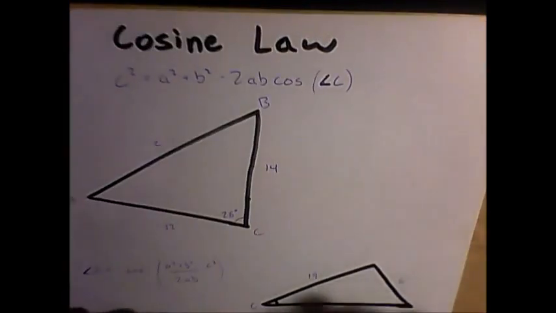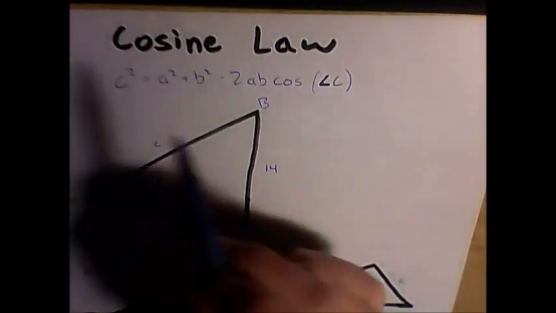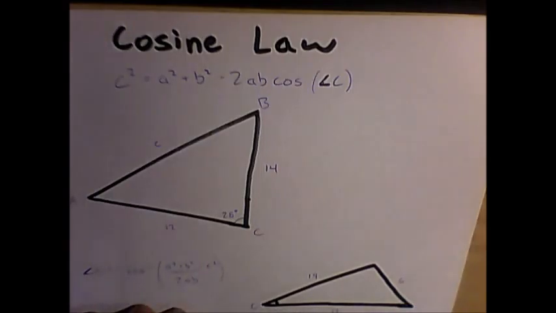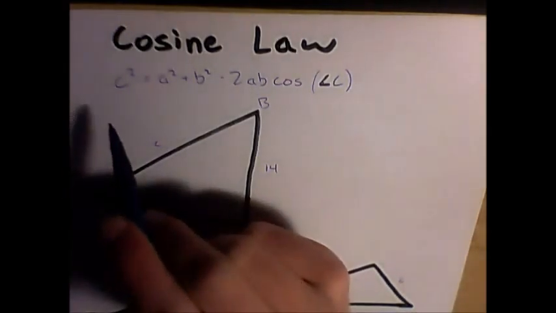So the cosine law is just an extension of the Pythagorean theorem that we learned a few years ago in high school.